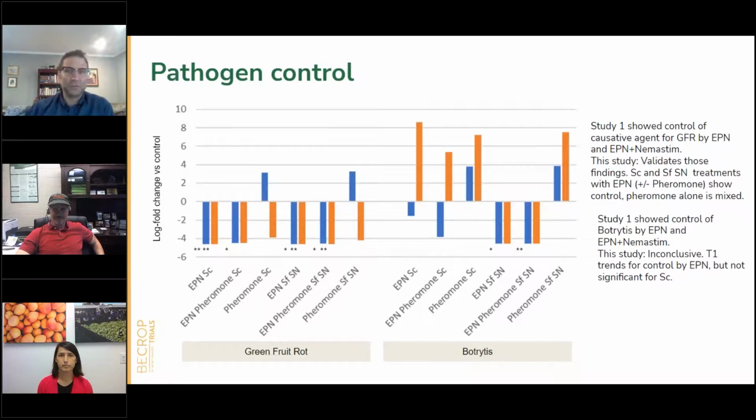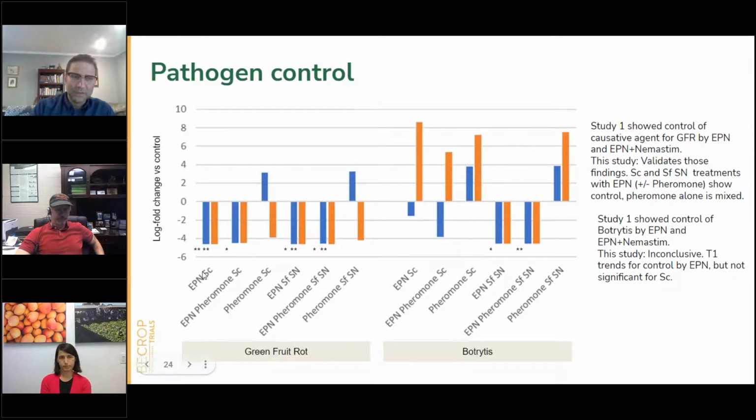As we go to the pathogen control, this is looking at, we're actually counting these pathogens themselves in the soil. One of the things that we see is that in this case, before, where we saw that the pheromone was really driving the microbial response and the microbial pathways for some of these anti-pathogenic factors, here we're actually seeing that it's the nematodes that are driving that.